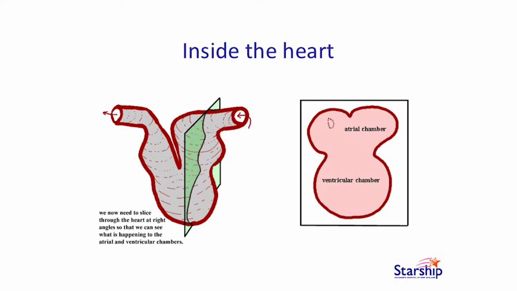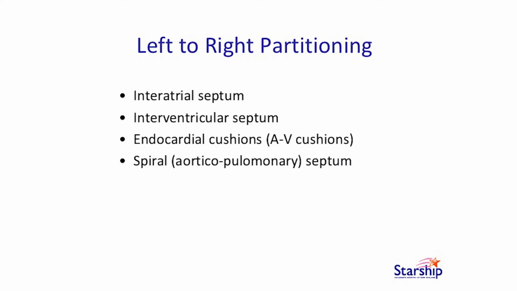And it does that by developing an intra-atrial septum, an intraventricular septum, endocardial cushions or AV cushions, and the spiral aorticopulmonary septum. So we're going to go through this. Stick with me. Not much longer now.